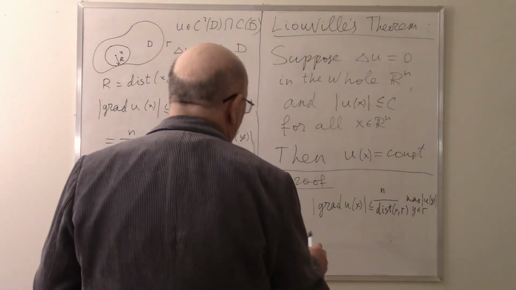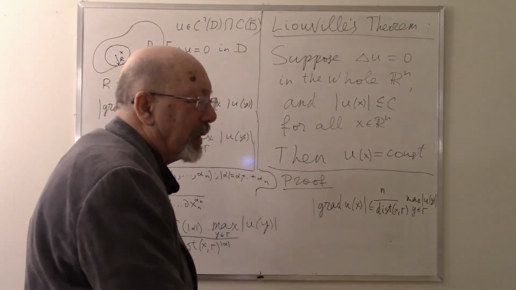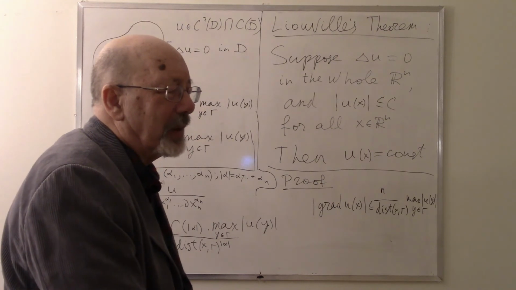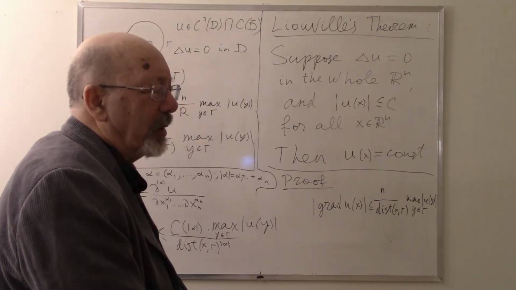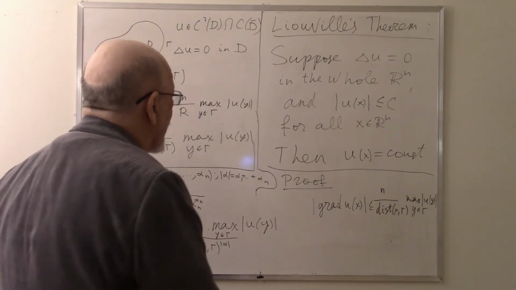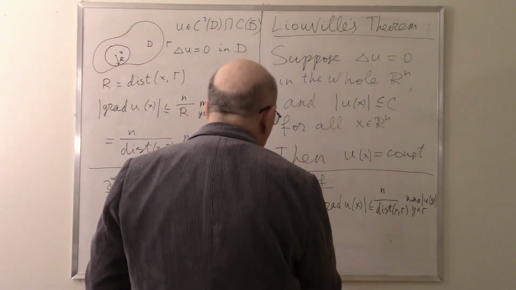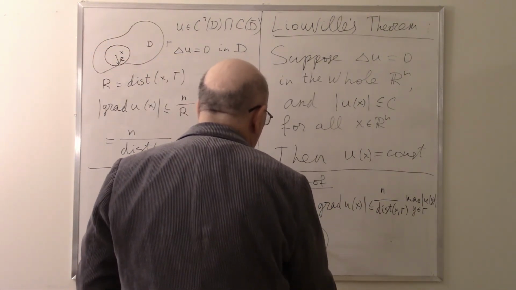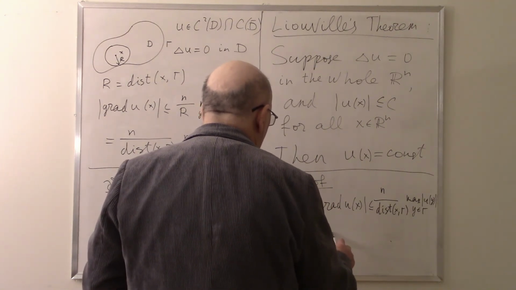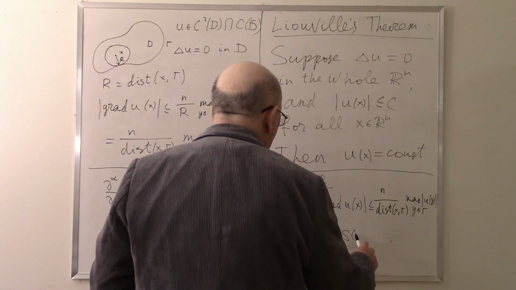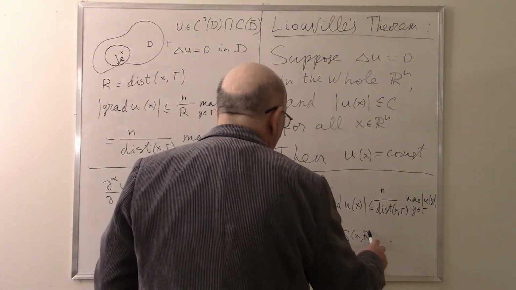As the function is harmonic and defined everywhere in the whole R^n, we take as gamma the sphere S(x, r).